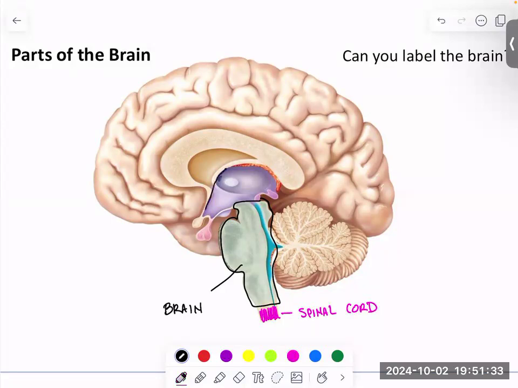In purple, we have the diencephalon, the central part of the brain. In the back, we have what is called the small brain, the cerebellum.